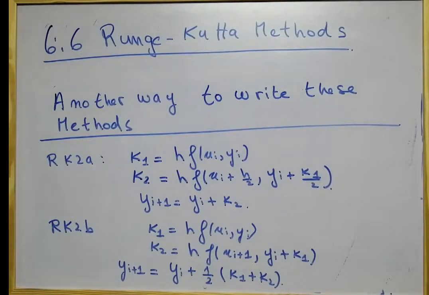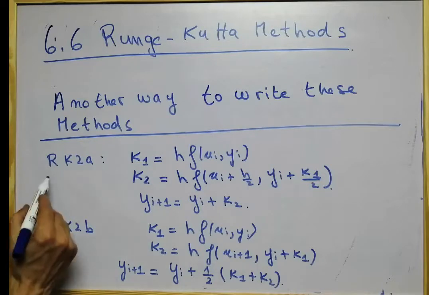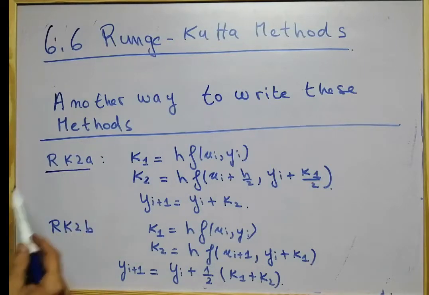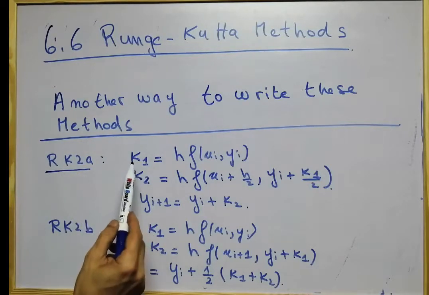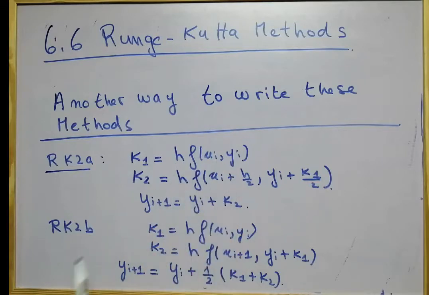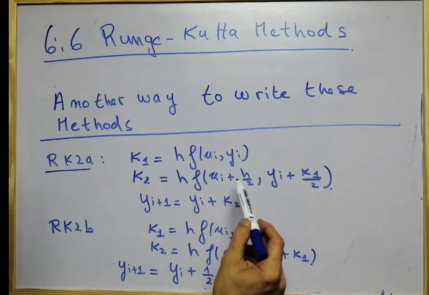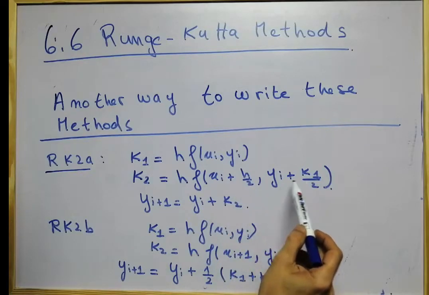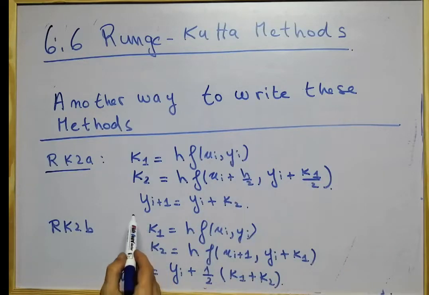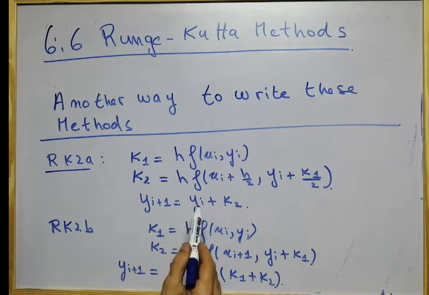Okay. We can write these methods in another way in order to be easier to learn. So for example, for the RK2A, you can write it as K1 is equal to h f of x i, y i, K2 is equal to h f of x i plus h over 2, y i plus K1 over 2, and then y i plus 1 is equal to y i plus K2.